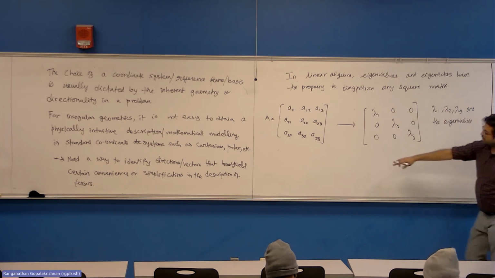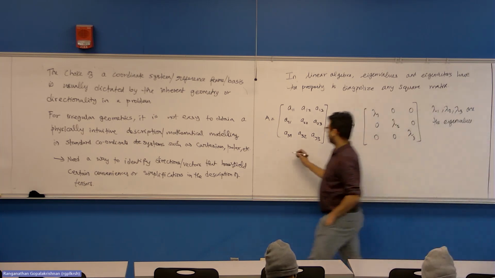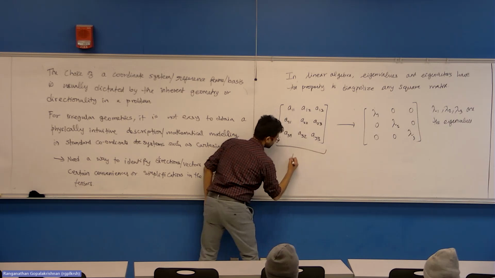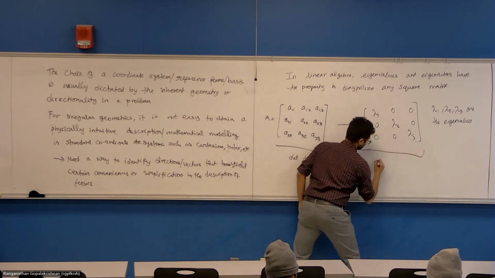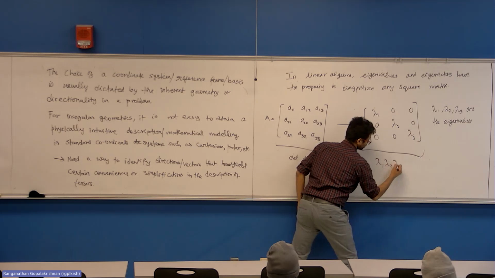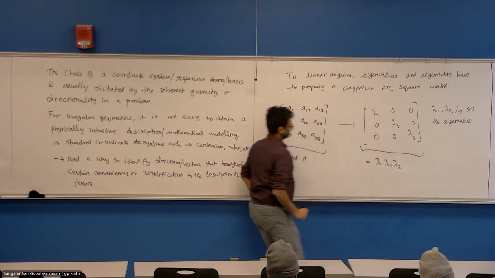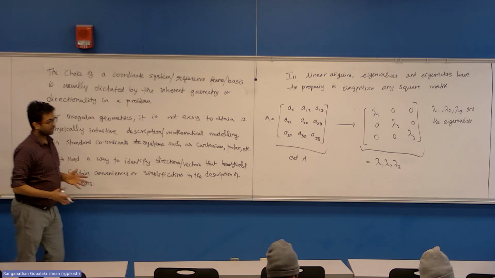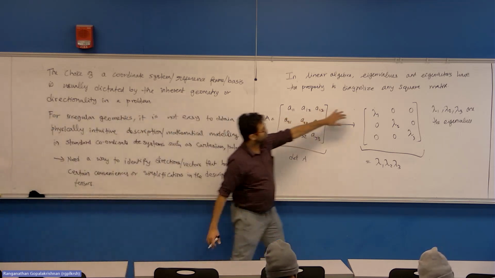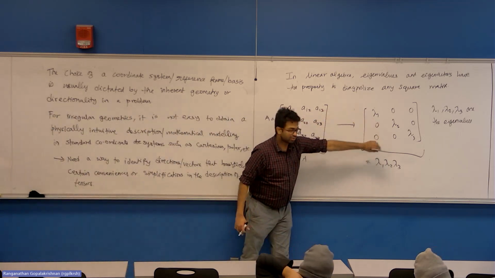These two are equivalent in the sense that the determinant of this matrix is equal to lambda 1, lambda 2, lambda 3. So it's the same matrix except we express it in an eigen form or a diagonal form whose elements are the eigenvalues.